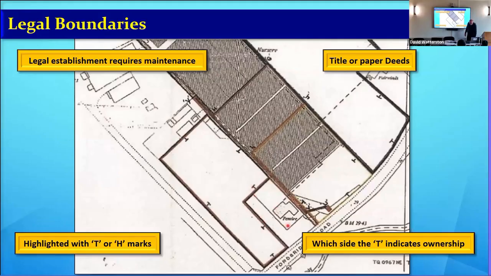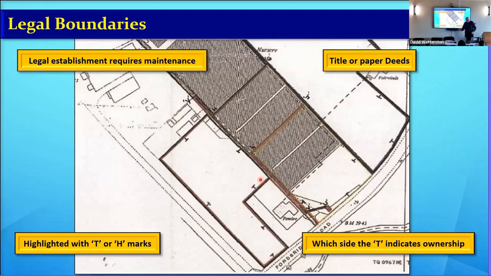So this property in the middle doesn't own any boundaries, because that T is on the next-door neighbours. So he doesn't have to maintain anything; the other people around him do. Sorry, what's the difference between the T and the H? The H is if it was a combined boundary or dual ownership. We'd have another T over there, and it looks like an H because the two of them were joined together.